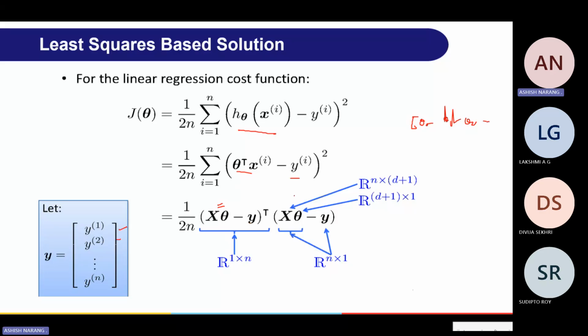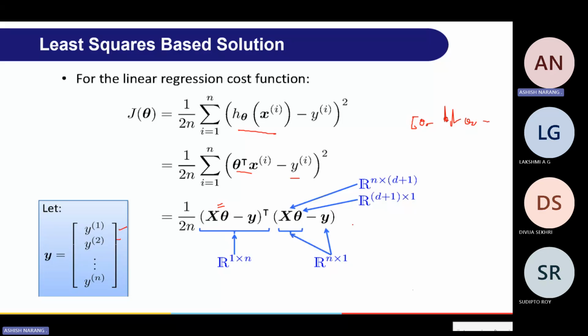So when I do this portion, this becomes X theta minus y transpose and X theta minus y. And now we've got this J theta in terms of vectors.